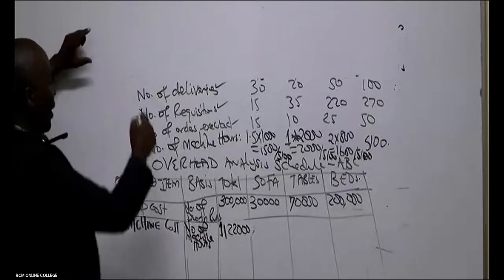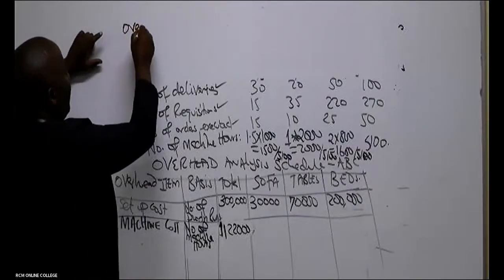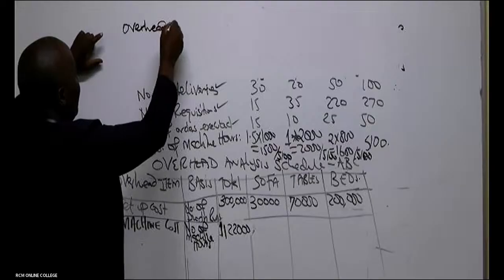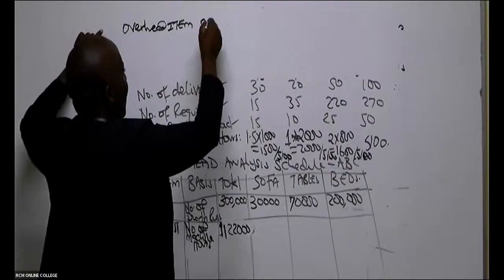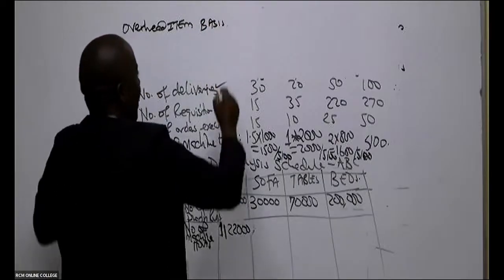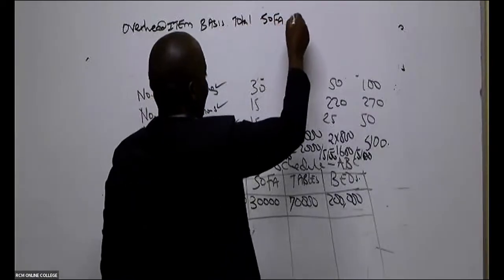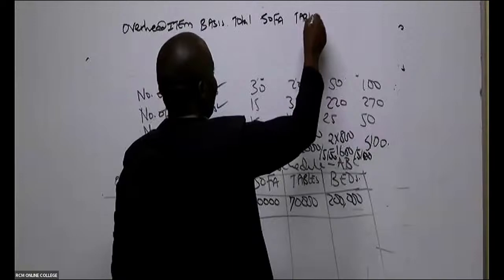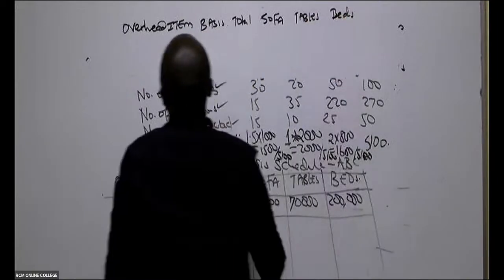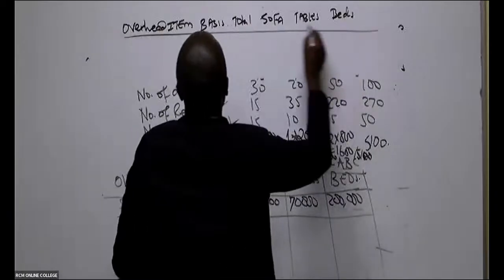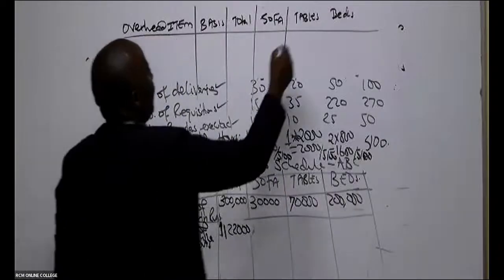Great. So we have here overhead item, basis, and total. We have tables and beds.